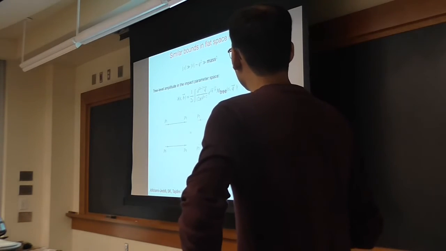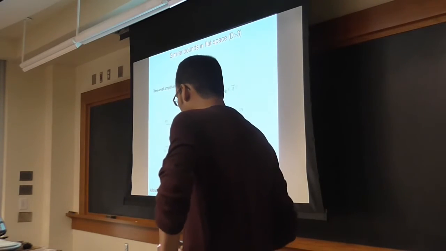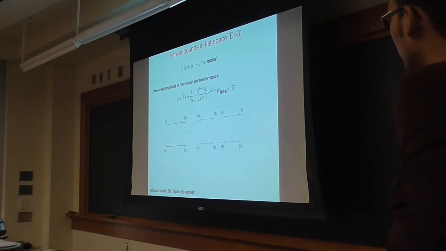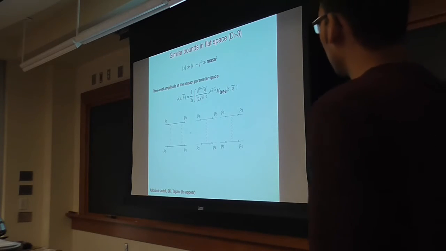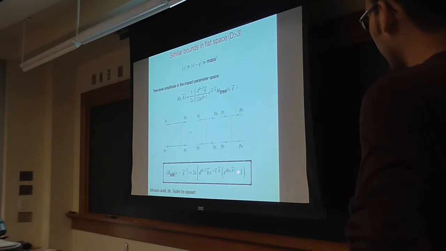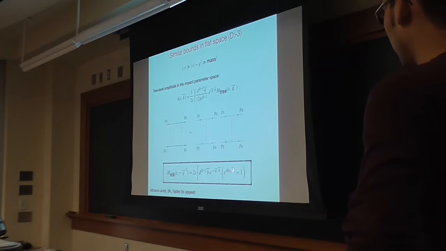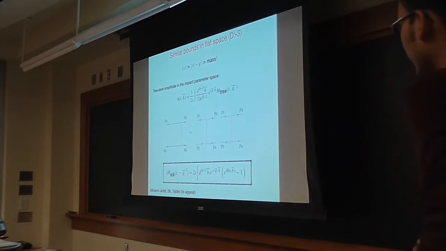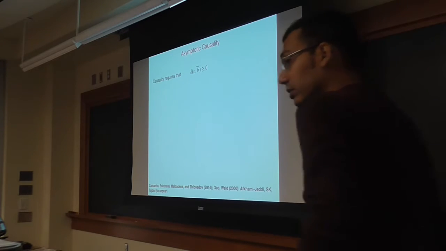But before that, let me tell you that the tree level diagram is not the only diagram that you should consider. You should also consider all the ladder diagrams. But if you sum over all the ladder diagrams in the eikonal limit, they exponentiate. So the full amplitude is given by something like this. This is only the tree level result. Whenever that happens, this delta satisfies a positivity condition.